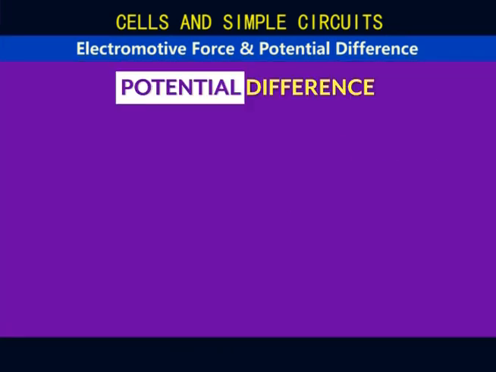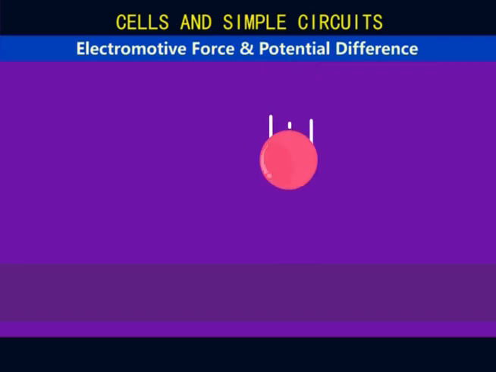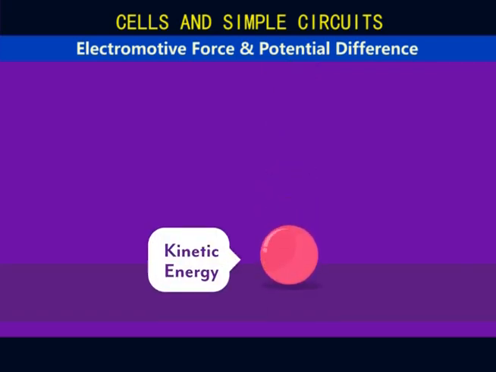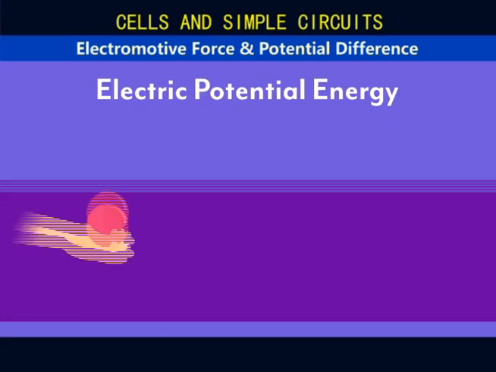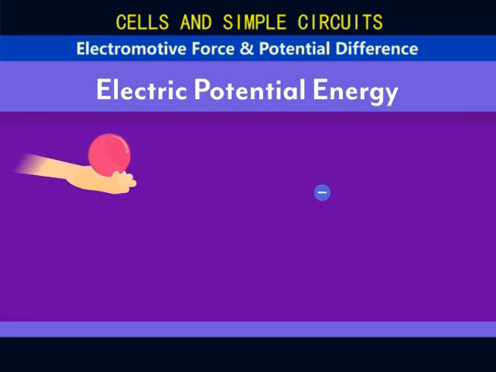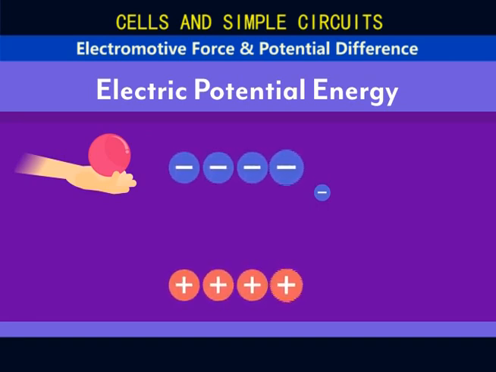When you hold a ball in your hand, it possesses potential energy. So when you drop it, this potential energy is gradually converted to kinetic energy. Just like the ball in your hand has high potential energy, a negative charge close to another negative charge has high potential energy.